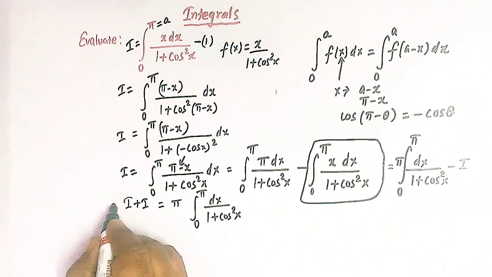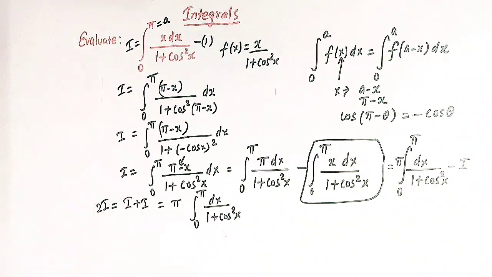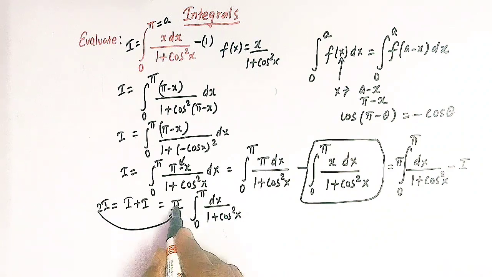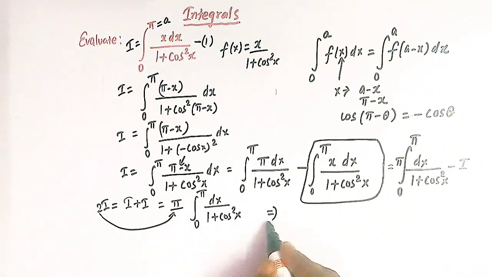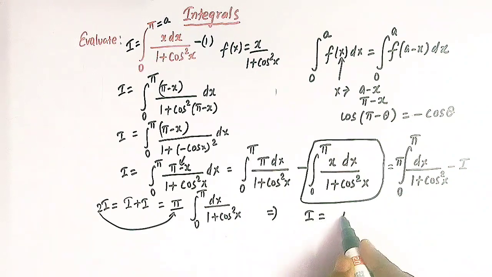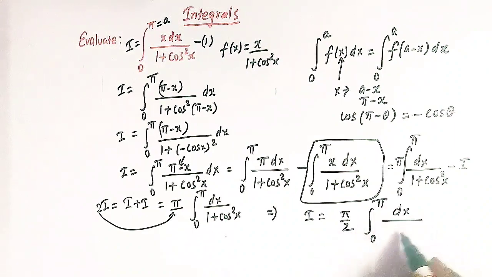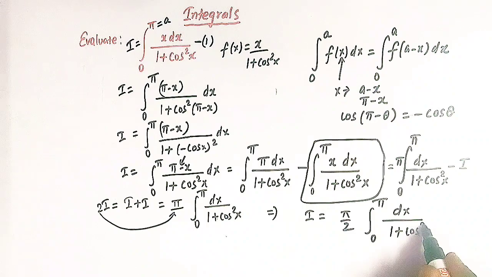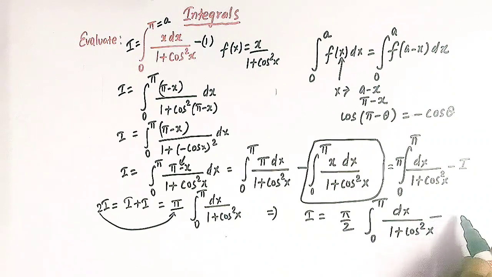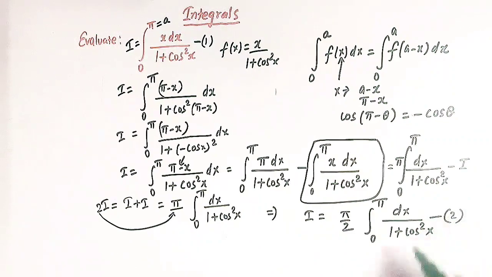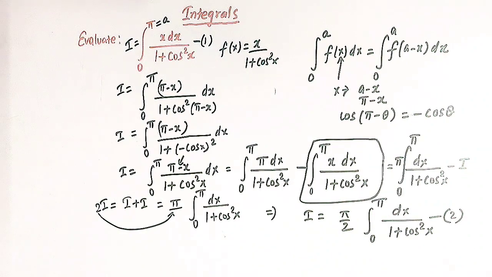I plus I is equal to 2I, and taking this 2 to the denominator of pi, we now have I equal to pi over 2 times the integral from 0 to pi of dx over 1 plus cos square x. Let us call this integral number 2.